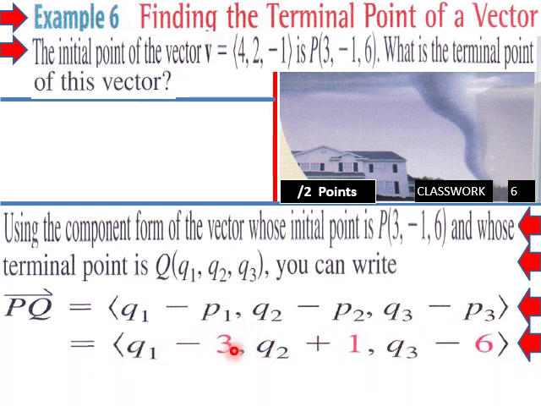When we plug in our values here, it will be 3, -1, and then positive 6. We need to find Q1, Q2, Q3 so that it equals 4, 2, and negative 1 as a component form.